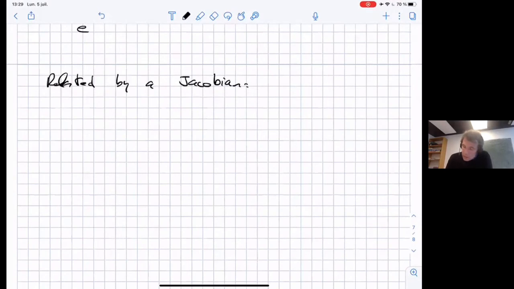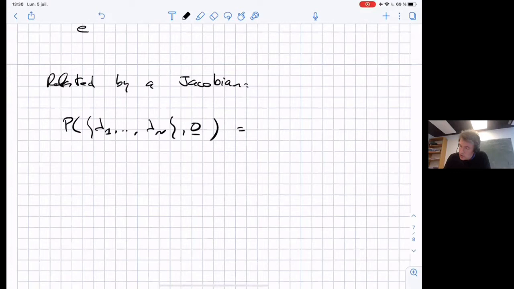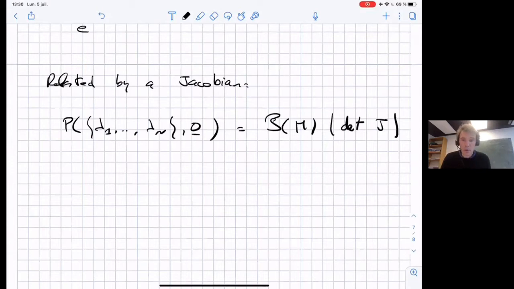So more precisely, what I want to say is that P of lambda 1, ..., lambda n, and O, will be generically given by P of M times the Jacobian. That means the determinant of some matrix J, and this matrix J is just the matrix of partial derivatives.